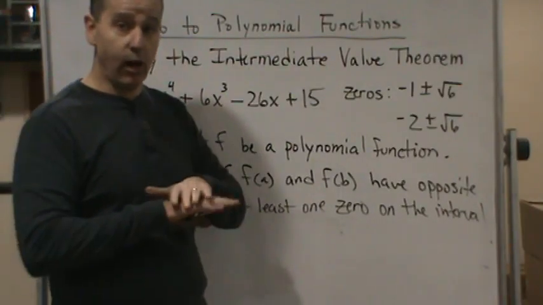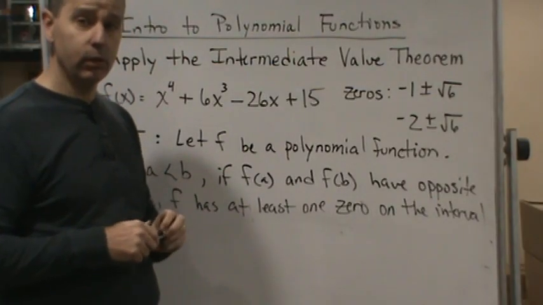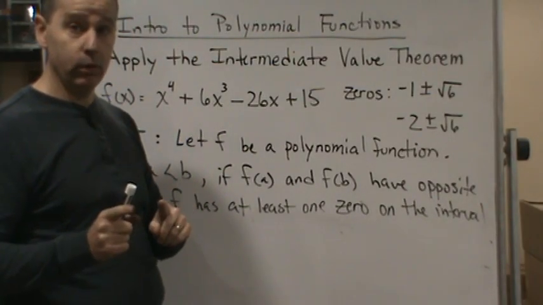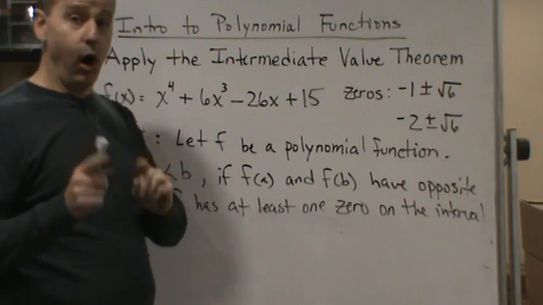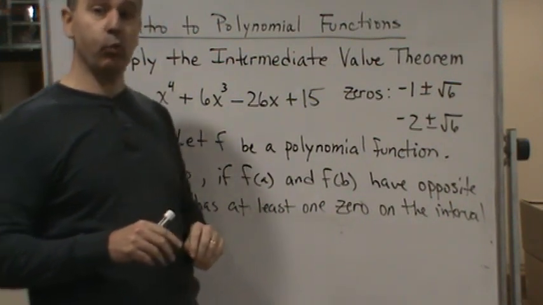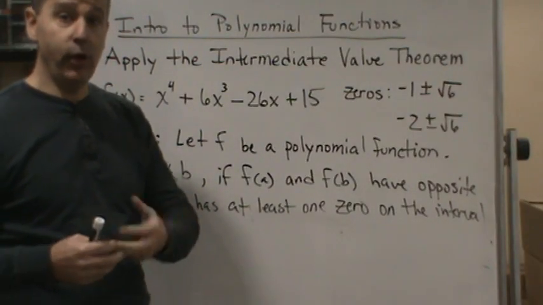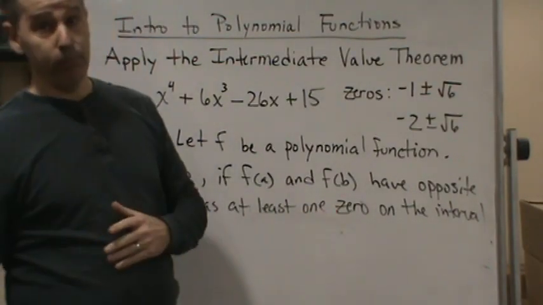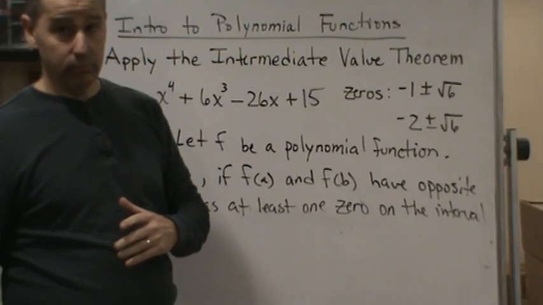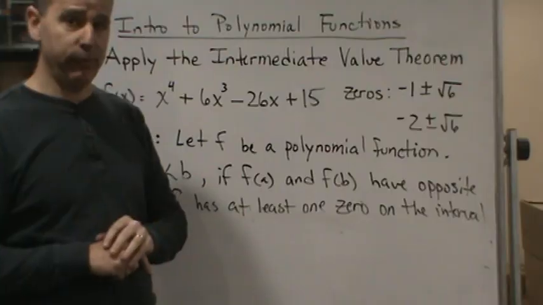Does that mean that there are no x-intercepts in that interval? No. All that means is the intermediate value theorem would be inconclusive. There might be, there may not be. So again, be careful of how far you take the intermediate value theorem.